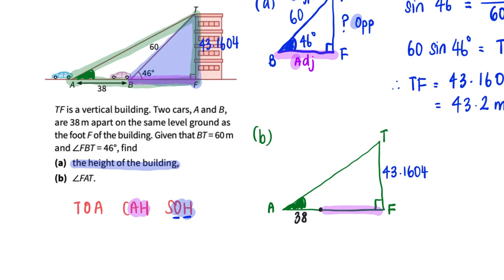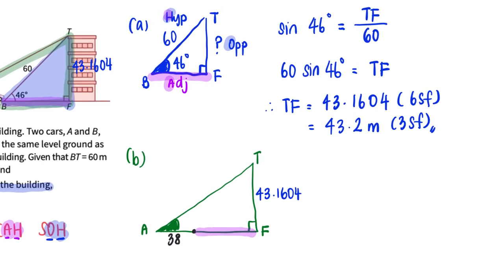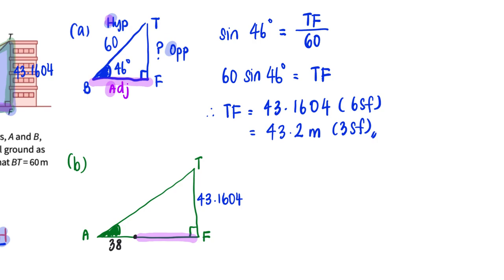A divided by H. So back to here, cosine 46 degrees is equal to A divided by H, 60.